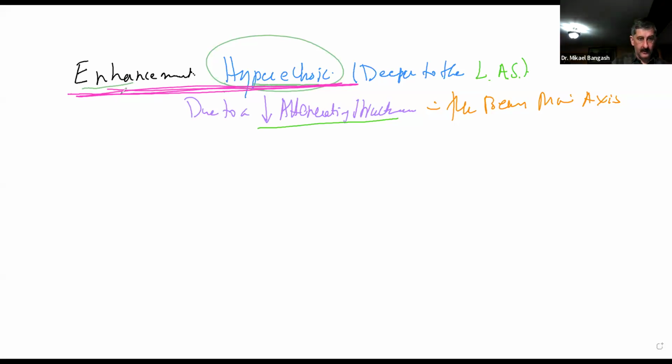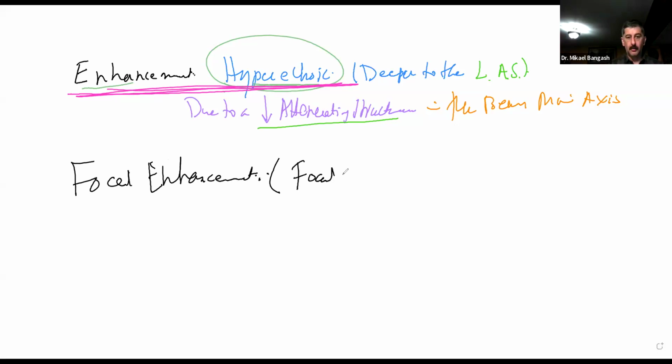Now the next subtype of enhancement that we may have is what we call focal enhancement. Focal enhancement can also be called focal banding. So another name for focal enhancement is focal banding.